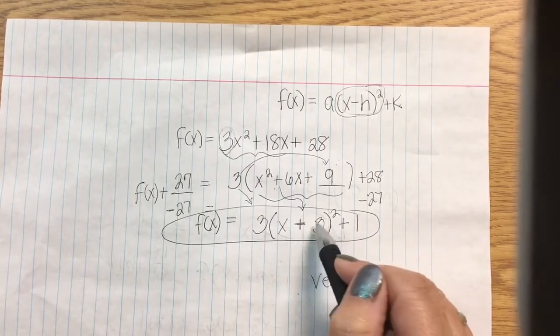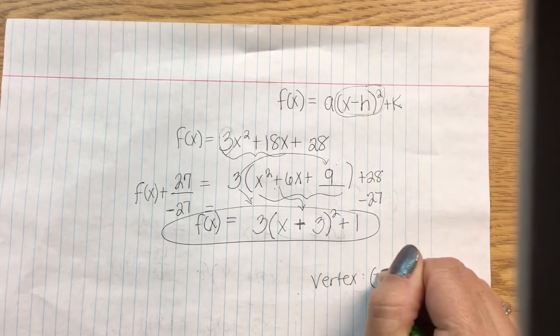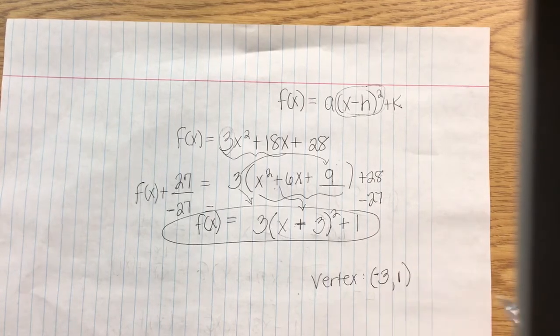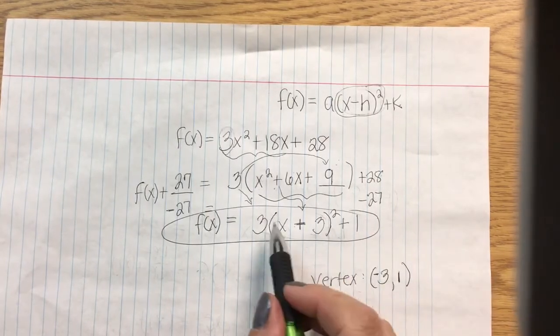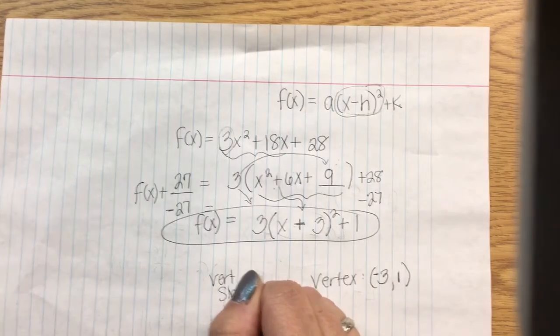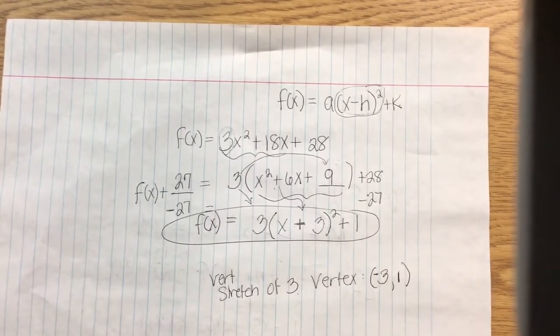In other words, the shift is 3 units to the left, because x plus 3 is left 3, that's negative 3, and then up 1. So the vertex is at negative 3, positive 1. And this also is a vertical stretch of 3. That's it for this example.